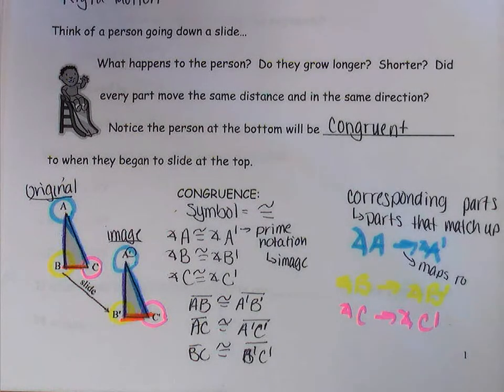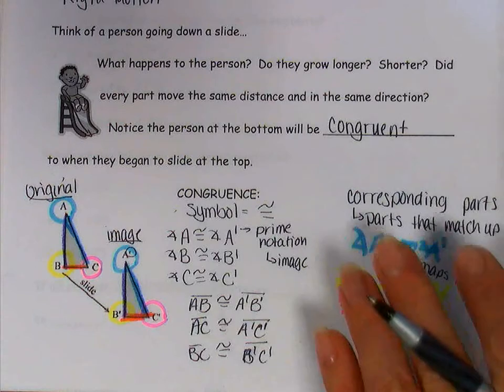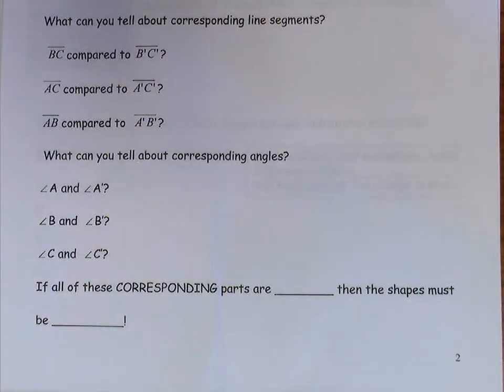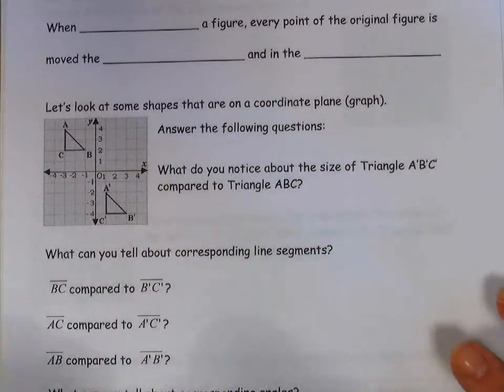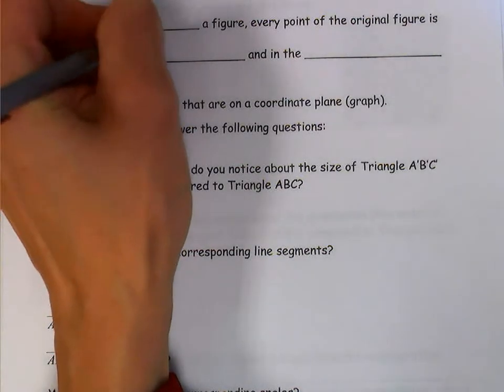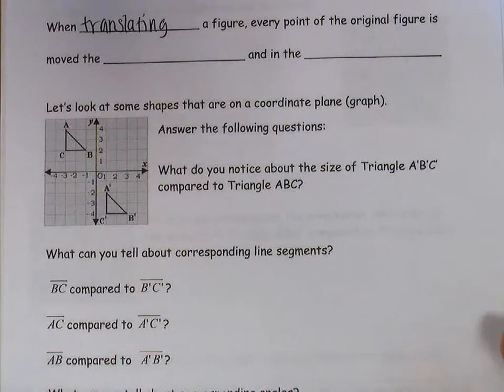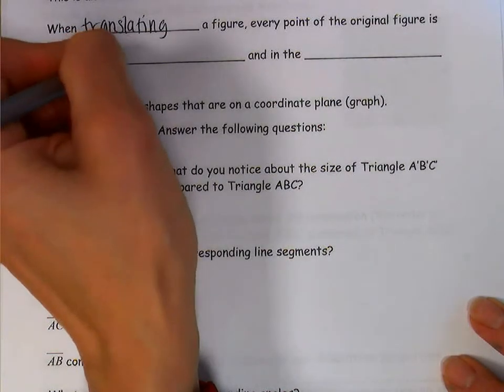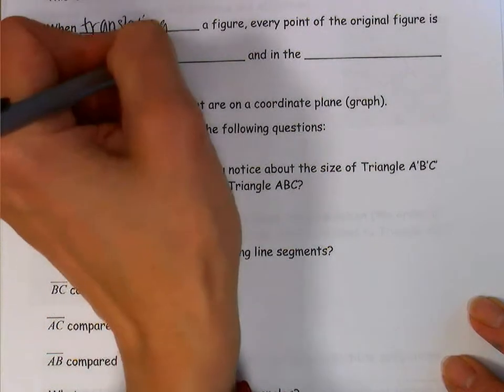So lots of vocabulary here. We have congruent, corresponding parts, prime notation, rigid motion, all awesome geometry stuff. So when we translate a figure, every point of the original figure is moved the same distance and in the same direction.